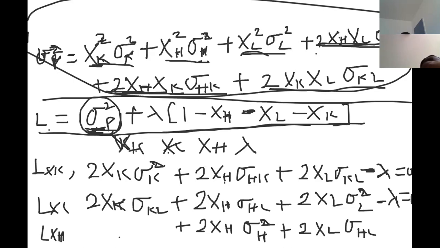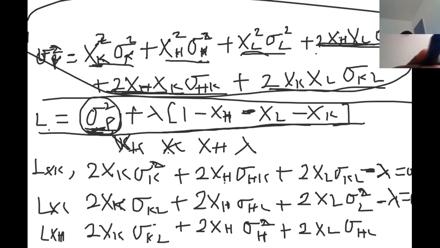We have L here. This is going to give me the last component: 2SKXL. That will give me 2SK, and then this covariance between K and L. Is it okay?